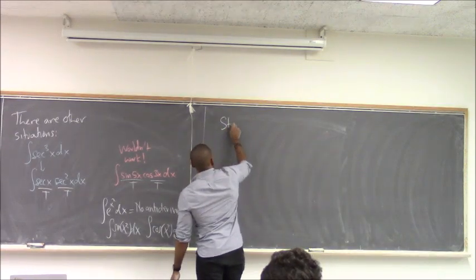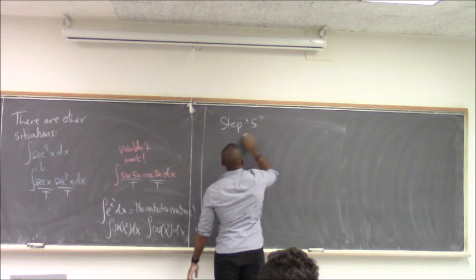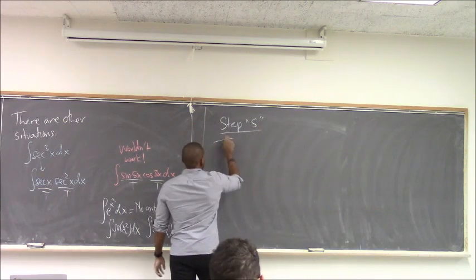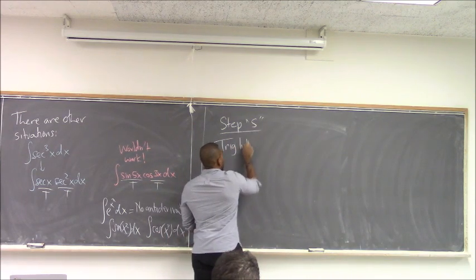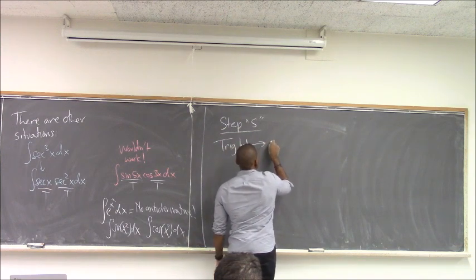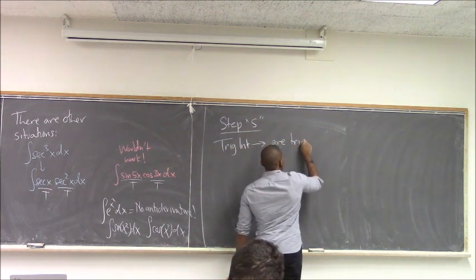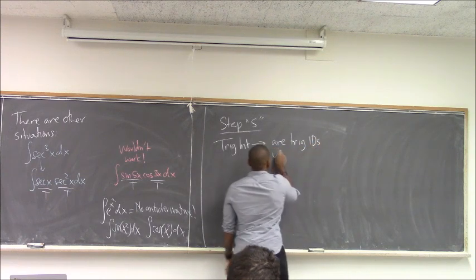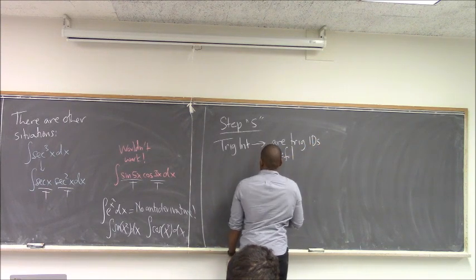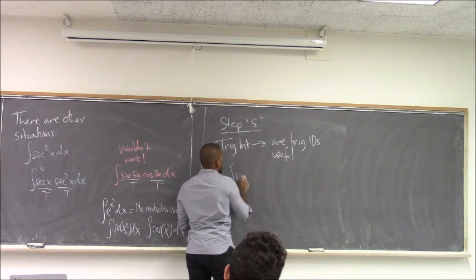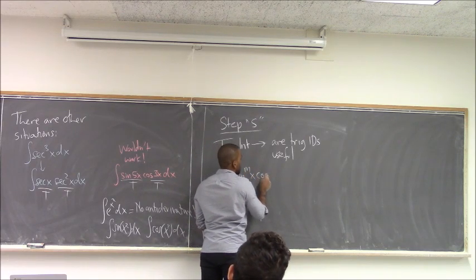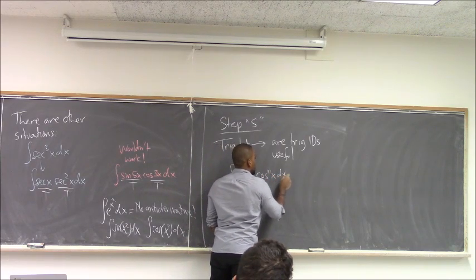Step 5. Trig integrals. Trig identities are useful. So you see something like a sine to some power times a cosine to some power. I'm talking about those kinds of guys.